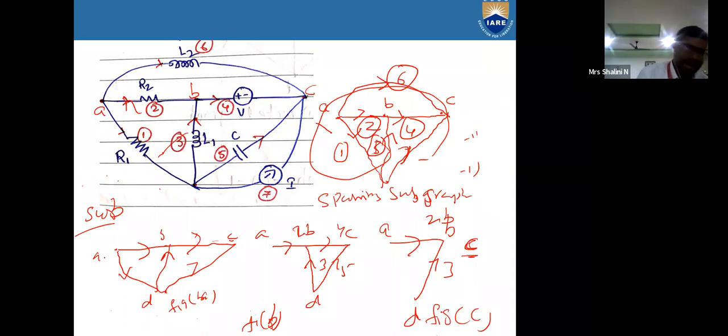Okay, tree and co-tree. Our next topic is tree and co-tree. It is very important.